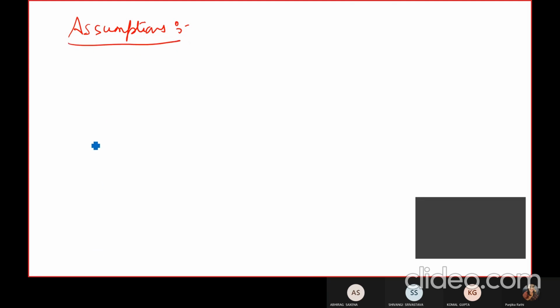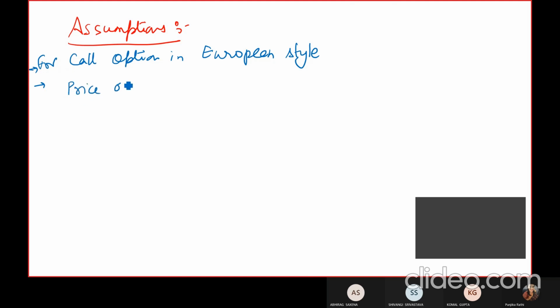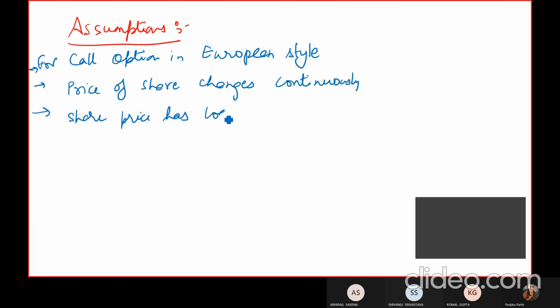Assumptions are: basically this model is applicable for call option in European style. तो ये जो मॉडल इनिशियली जिससे हम फॉर्मूला कैलकुलेट करेंगे, it is for call option in European style, first point. Second, we are assuming that price of share changes continuously. Third, we are assuming share price has log normal distribution.